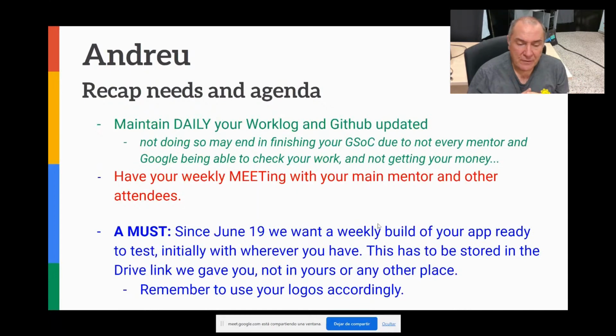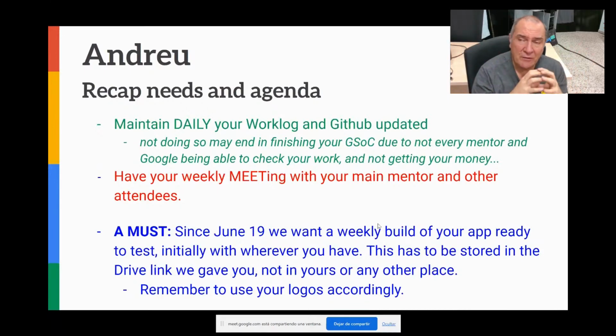Then, important things. As we have been talking since before GSoC started, since June 19th, we really need a weekly build of your app ready to test. Whatever you have. I mean, if at the very beginning you only have two screens and two buttons, it's the same.